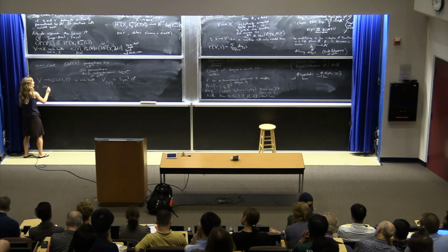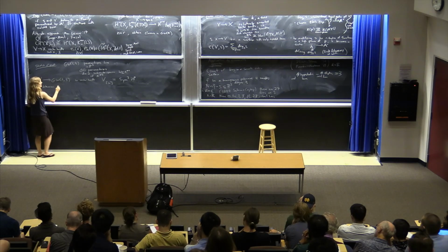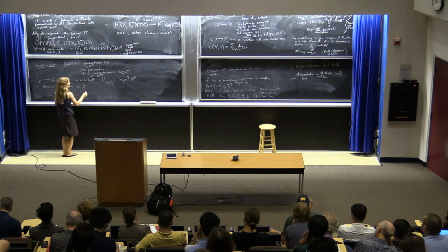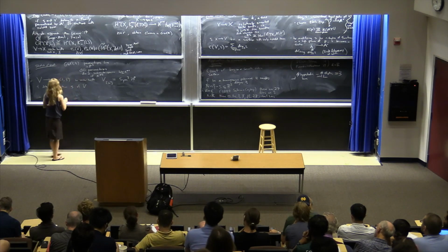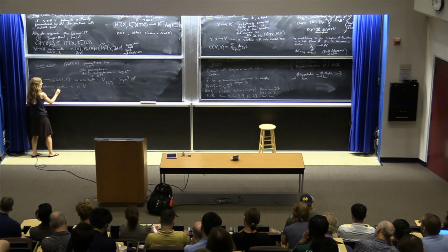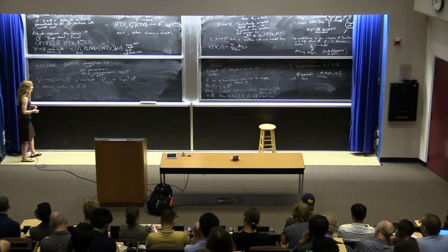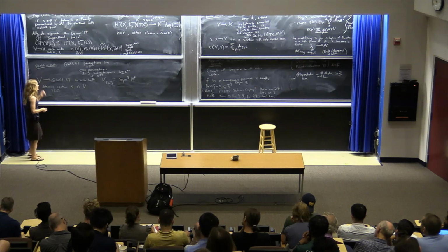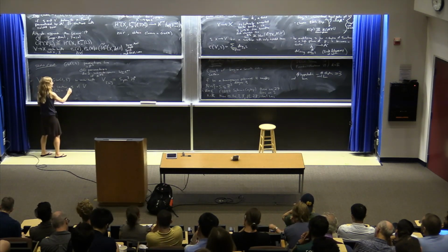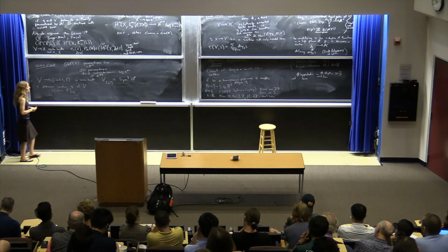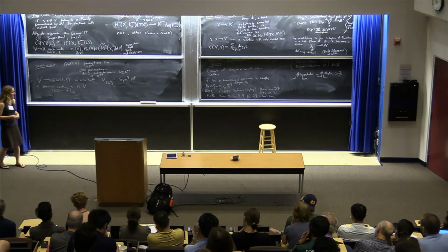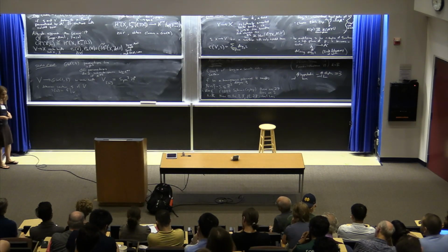So F determines the section s of V, where s on the dimension 2 vector subspace W is the function F restricted to W. So F is homogeneous of degree 3. It restricts to W. That's an element of Sym^3 of W dual.